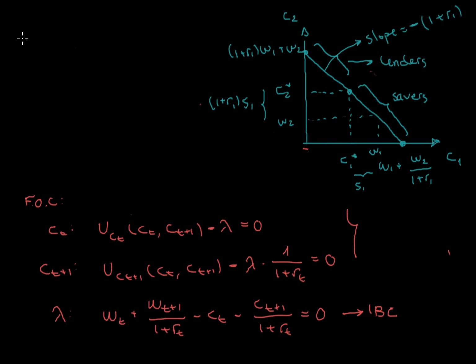If we isolate the lambda here and there and equate them, what we obtain is the marginal utility of c_t must equal 1 plus r_t times the marginal utility of c_{t+1}.